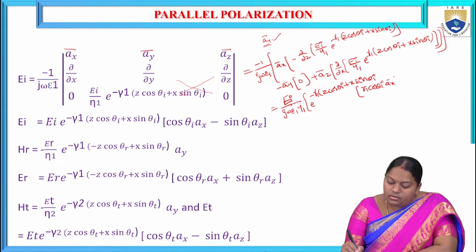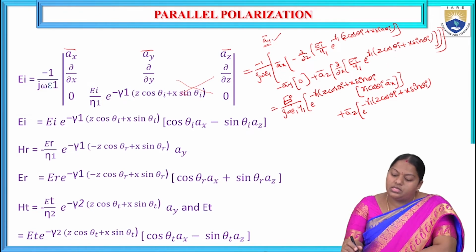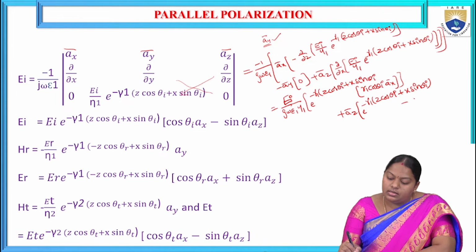Next plus az into dou by dou x of, again Ei by eta 1 common. If we differentiate minus gamma 1 (z cos theta I plus x sin theta I) with respect to x, this becomes minus gamma 1 sin theta I into az.